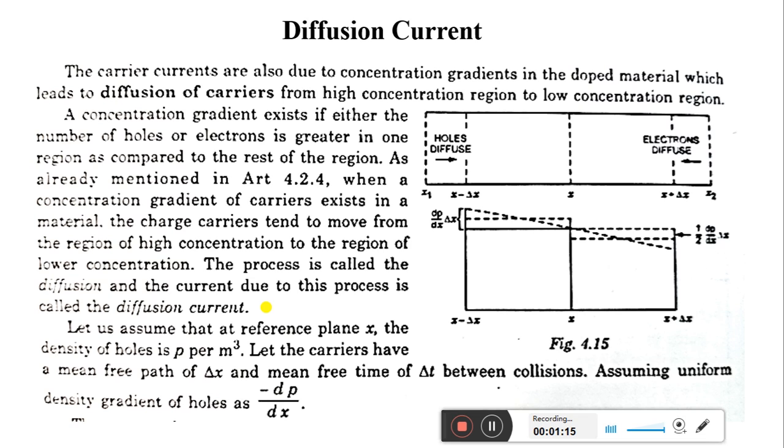As the name implies, something diffuses from one side to the other, and because of that there will be some development of current, which is called the diffusion current.